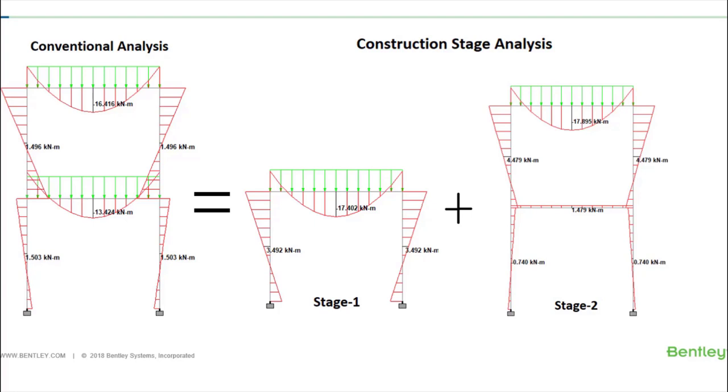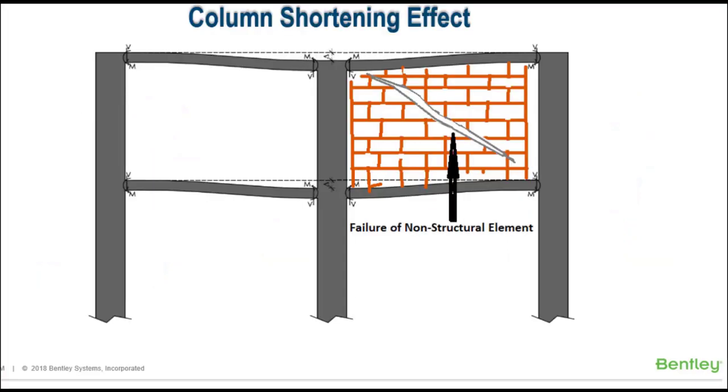These changes are fairly magnified and noticeable once the number of stories gets higher. In addition, you also have to consider the different time-dependent effects which occur in various stages, like creep and shrinkage. So it is very important to capture the actual response of the structure to avoid failure behavior like the column shortening effect, as you can see in the picture.